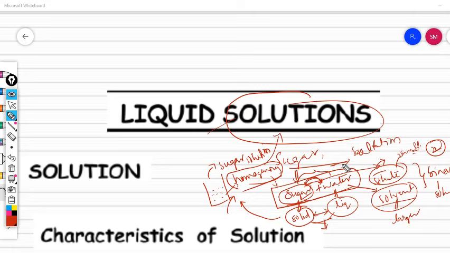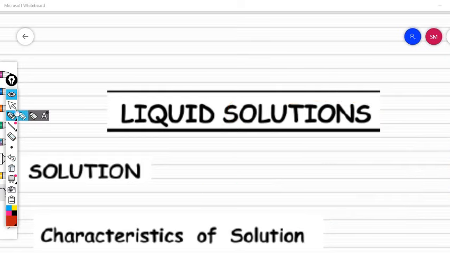Okay. So a solution can be made up of many different forms of the solute as well as the solvent. Whatever the components may be, it has one characteristic, that is, it must be homogeneous. Okay. A solution must be homogeneous.